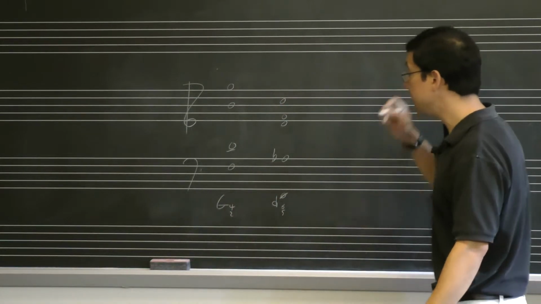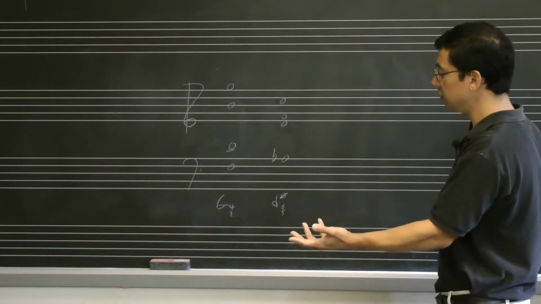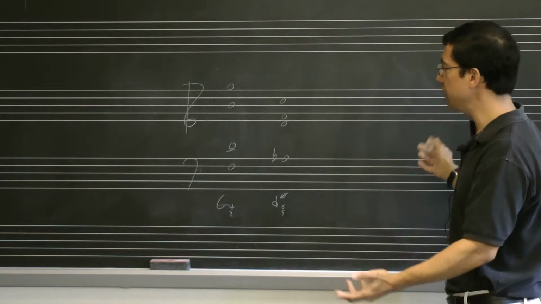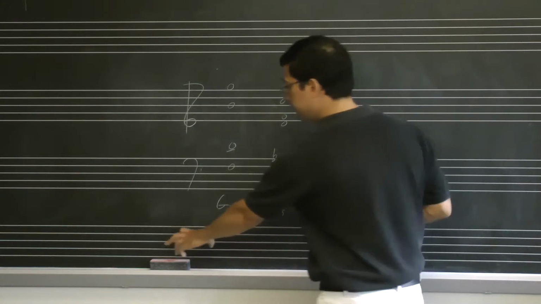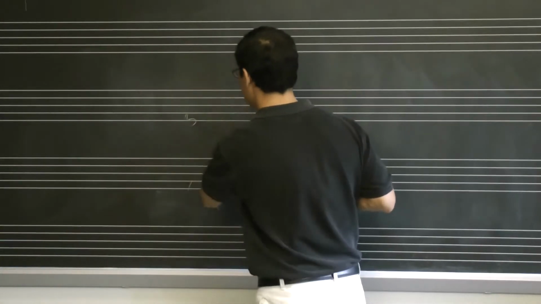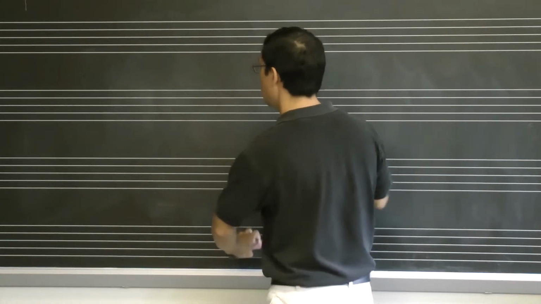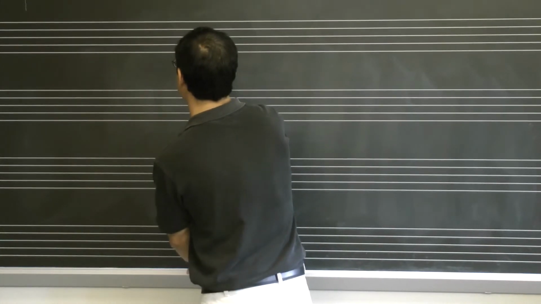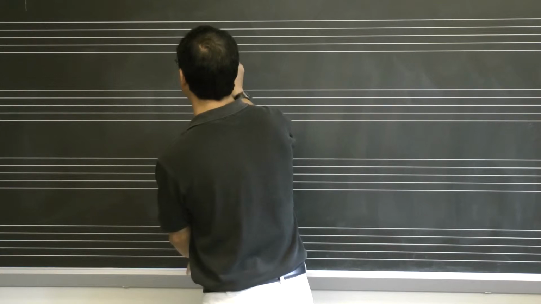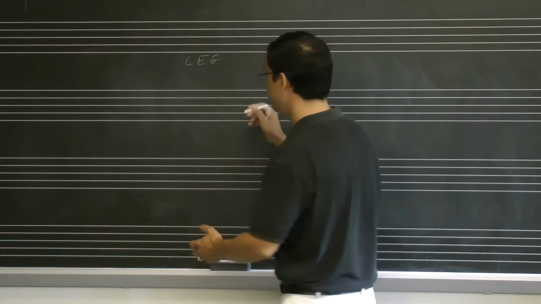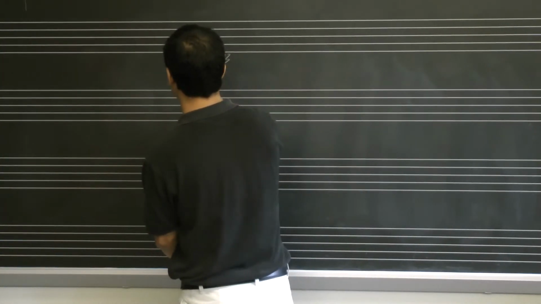And then, of course, the other thing is that just the way we had a limited collection of note names for triads, we've got a limited collection of note names for seventh chords. C, E, G. And they start the same way. So all you have to do is add on to what you've already learned.